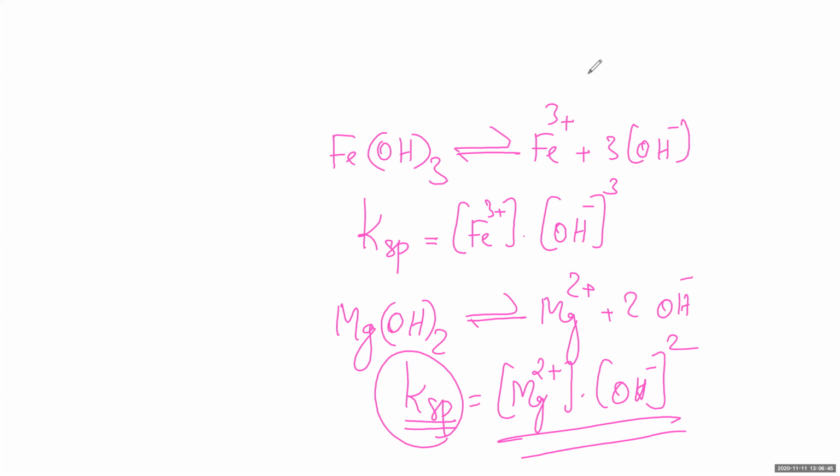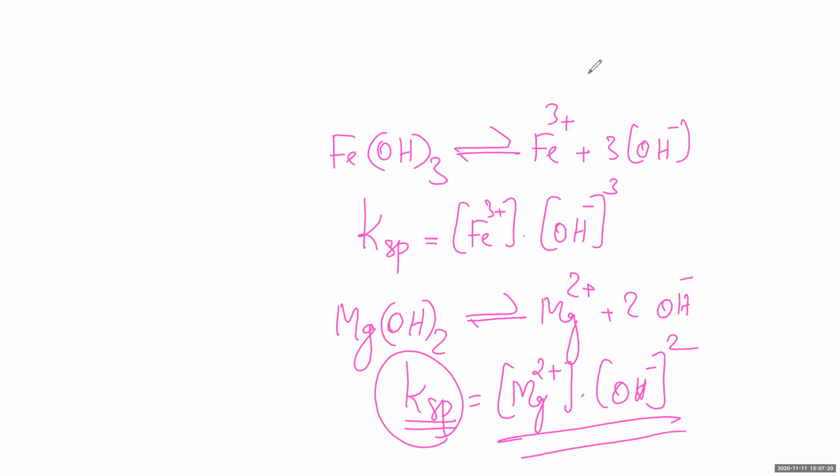Do you know the ionic product of water? Concentration of H plus times concentration of OH minus. That is an ionic product. So the product of the concentrations of the ions raised to the power of the coefficients is called the ionic product. When the ionic product becomes greater than the solubility product, then precipitation of the solute occurs. This is because the solubility product should be a constant.